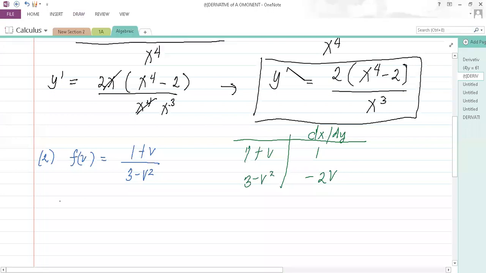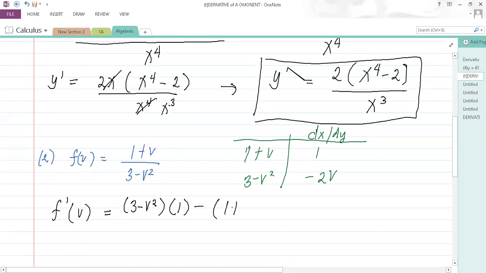So we can now solve for our derivative of function f prime. Okay, so the derivative is equal to the denominator, that is 3 minus v squared, multiplied by the derivative of the numerator. So ang derivative ng numerator natin is 1. Okay, so we have minus the numerator.